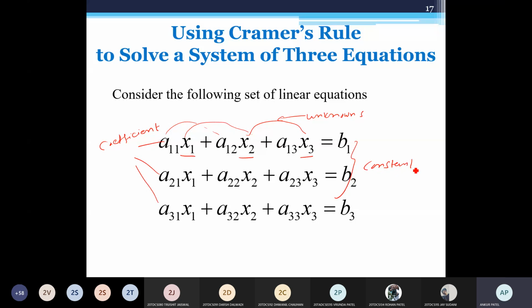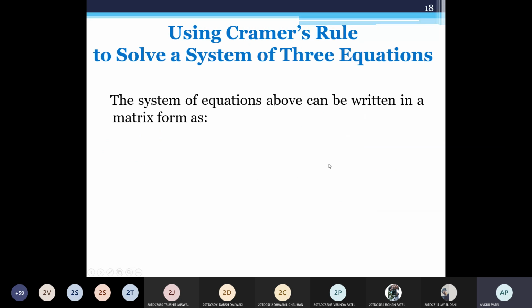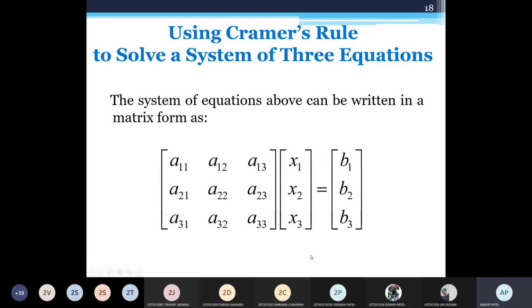So you have to make the matrix. You have 3 unknowns, so you have a 3 by 3 matrix. First make the matrix of a11, a12, a13, and then you have the unknown matrix x1, x2, x3, and the constants matrix.